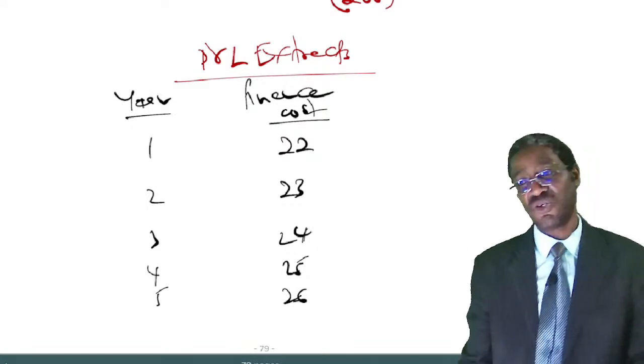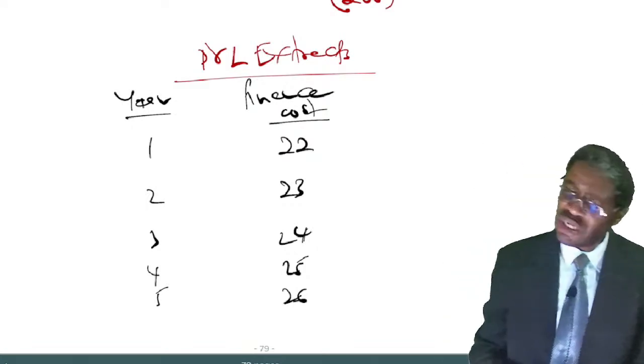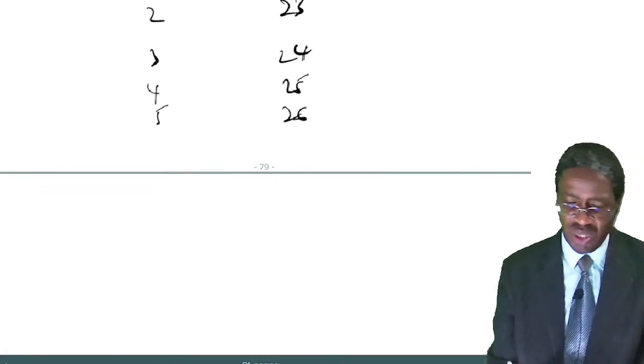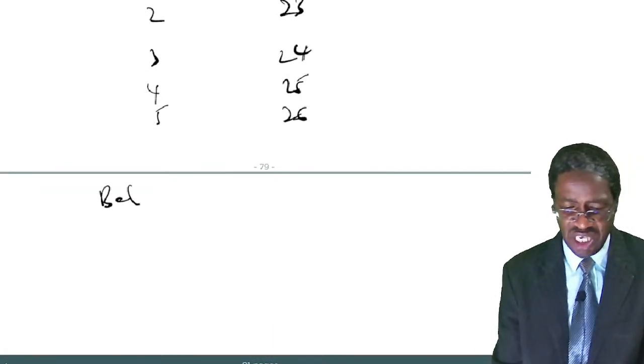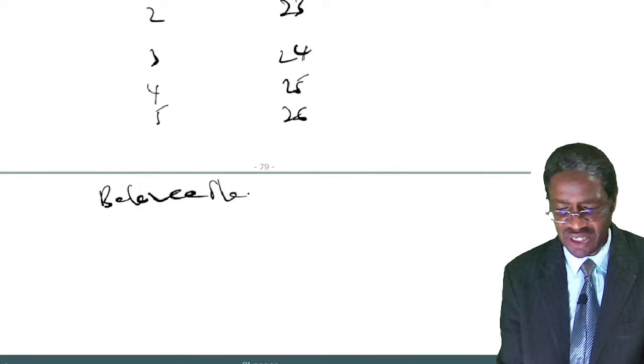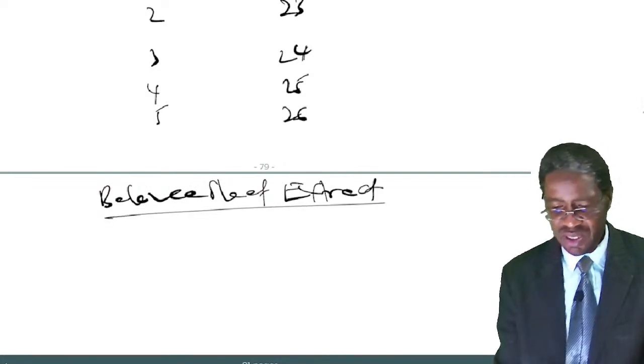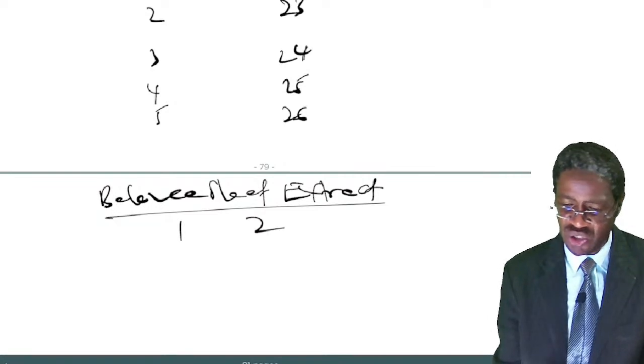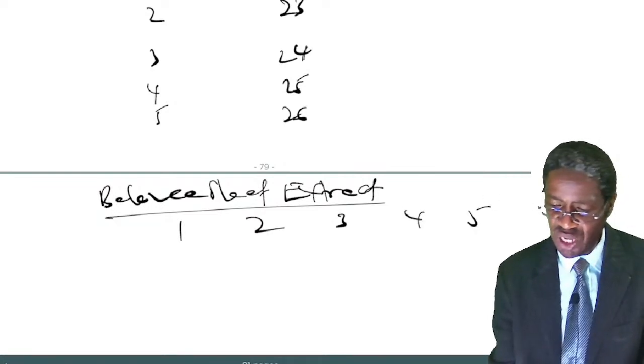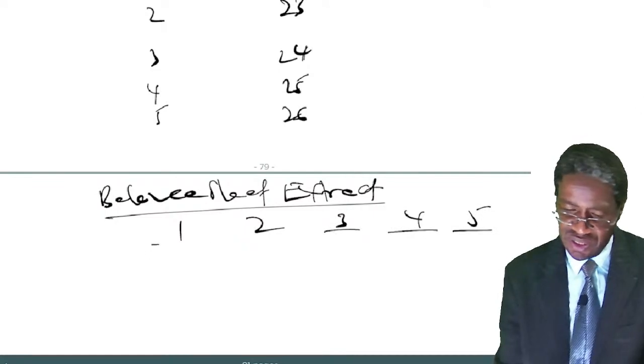Okay? Good. Now, what about in the balance sheet? If you are told to prepare balance sheet extracts, then you need a column for year 1, year 2, year 3, year 4, and year 5. Now listen.